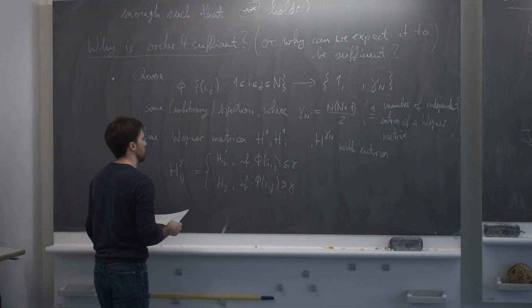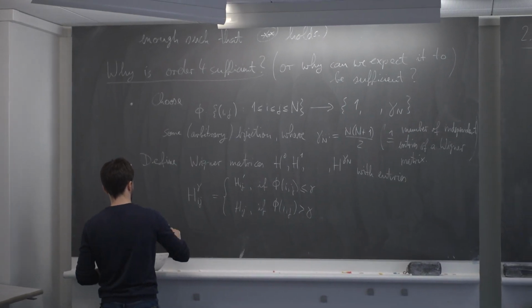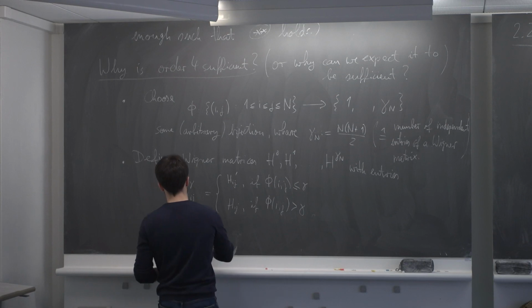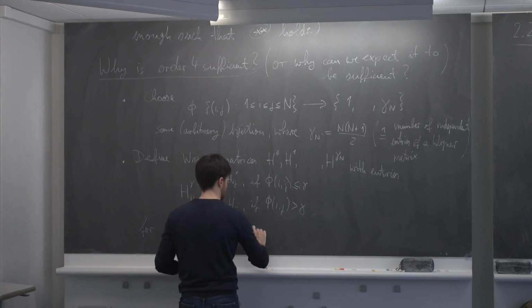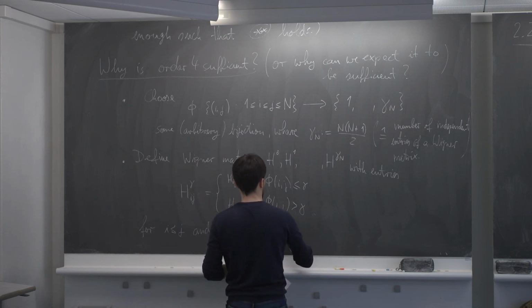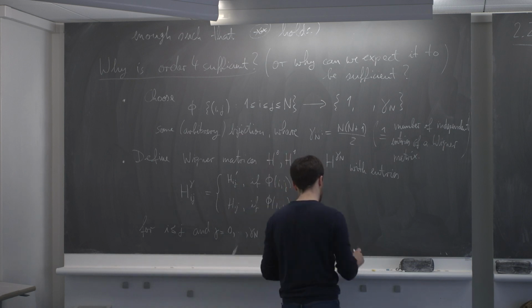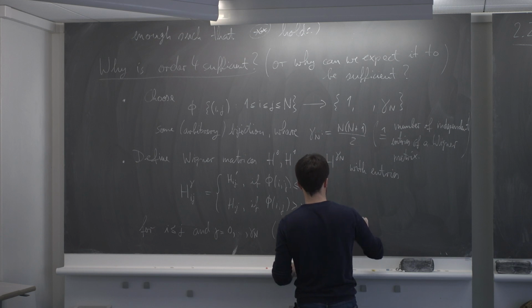We do this for the upper block, for i smaller than j, and gamma runs from 0 up to gamma n. The other entries we set according to the Hermitian symmetry, so Hji gamma will be Hij gamma bar.